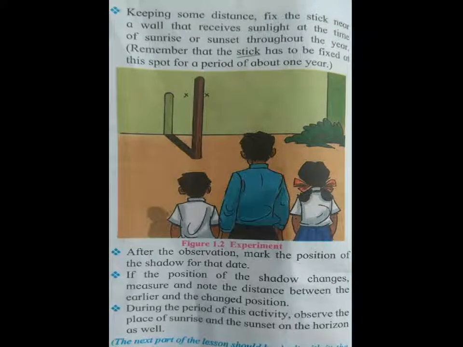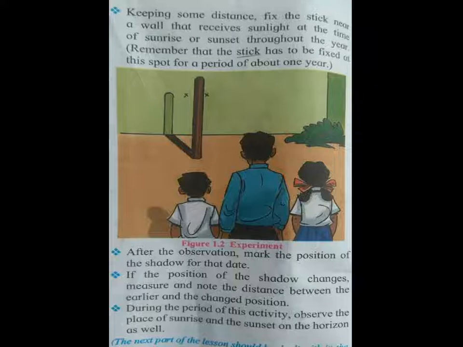We can see another activity also. See here, what is given here, students? Take a thick stick about 1.5 to 1.7 meters long. And what you have to do, keeping some distance, fix the stick near a wall, where it gets sunlight at the time of sunrise or sunset throughout the year.